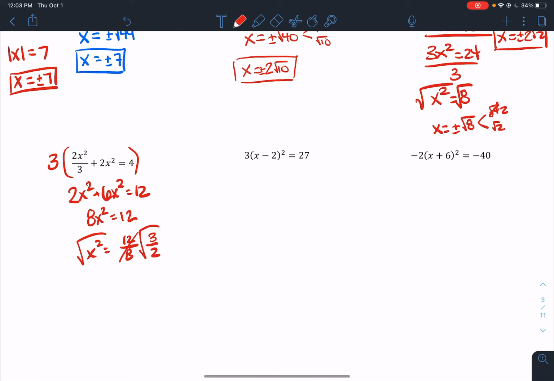I'm going to take the square root of both sides, and x will equal plus or minus radical 3 over 2, which I'm just going to replace with radical 3 over radical 2. I want to get rid of that radical 2 in the bottom, so I'm going to multiply by radical 2 on top and bottom. And that's plus or minus radical 6 over 2.